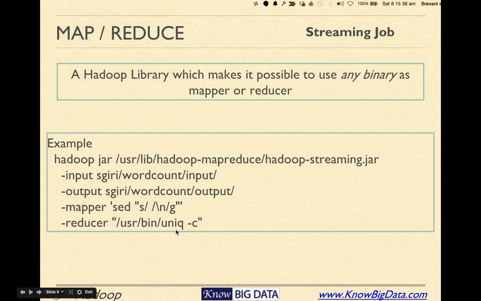So basically, the Hadoop streaming library makes it possible to use any binary or any program as mapper and reducer. For example, we are using the sed command here to convert our input into mapper and reducer. I think I should tell a few more things here.